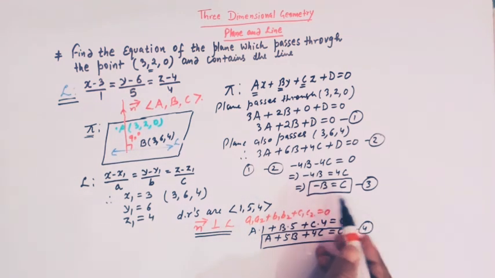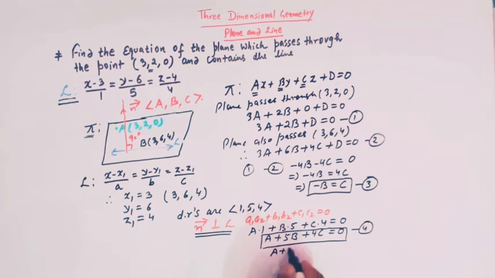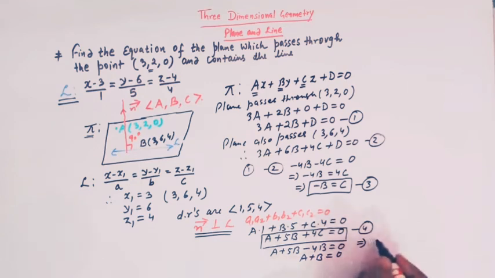Okay, so now if we take C is equal to minus B over here, then we have A plus 5B minus 4B is equal to 0, because C is equal to minus B. And now we have A plus B is equal to 0, and from here we have A is equal to minus B, right?